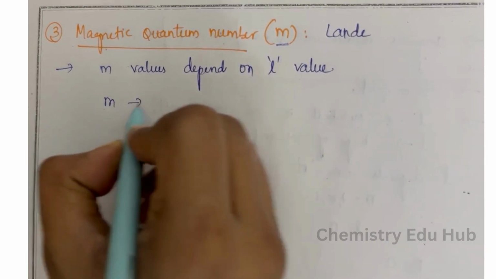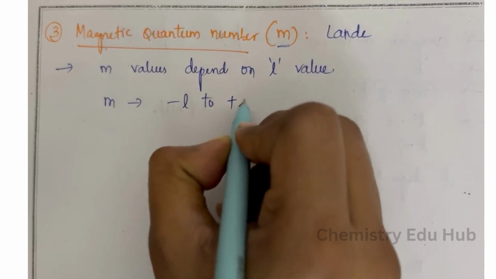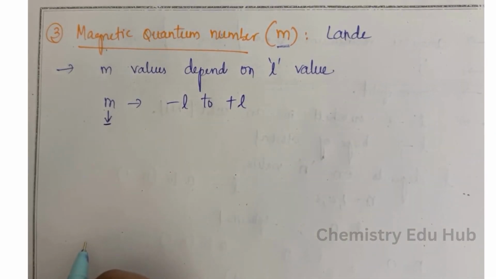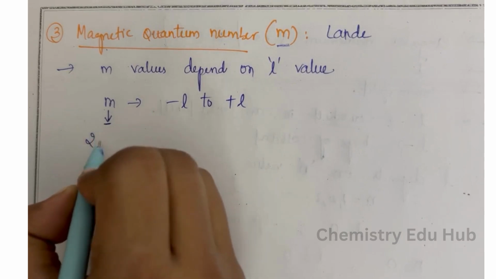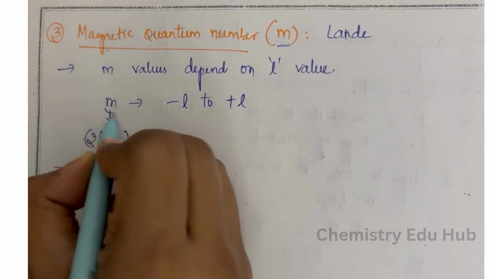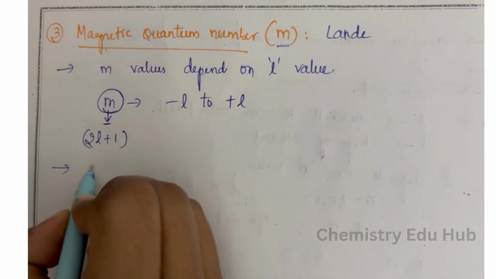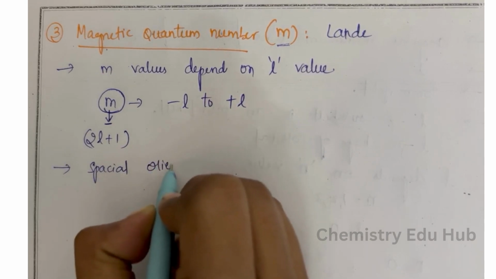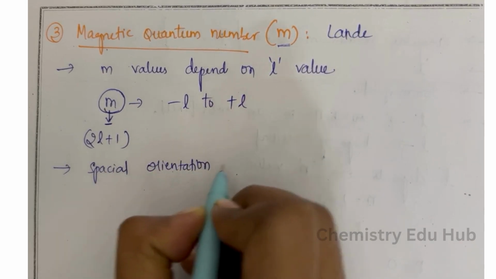M values range from minus L to plus L. And the number of M values possible for a given subshell is given by the formula 2L plus 1.